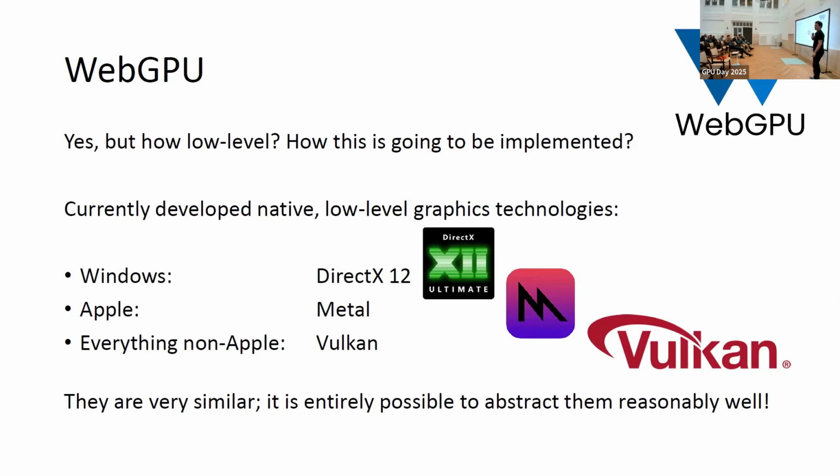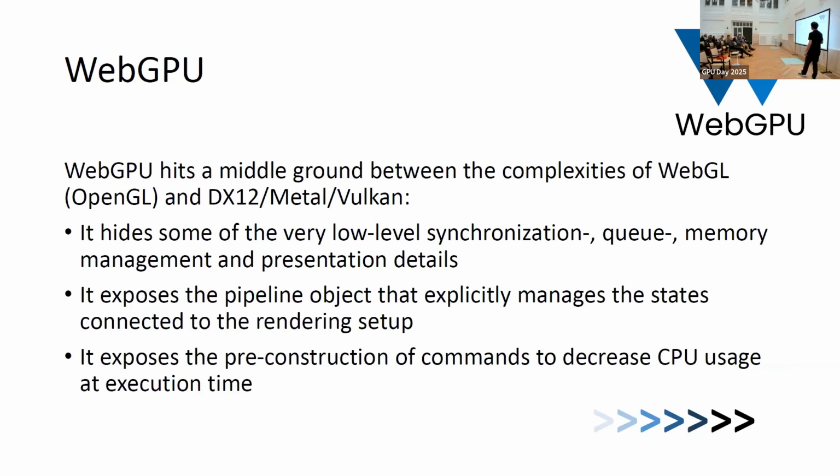And they are actually quite similar to each other. You can actually implement Vulkan over Metal. You can implement Vulkan over DirectX 12, and maybe also other combinations can be implemented on each other, so they are similar. So WebGPU is trying to hit a middle ground between the complexities. OpenGL is quite easy. You can get started reasonably easily, but the other APIs are very low level, meaning you need to write a lot of code to get something done.